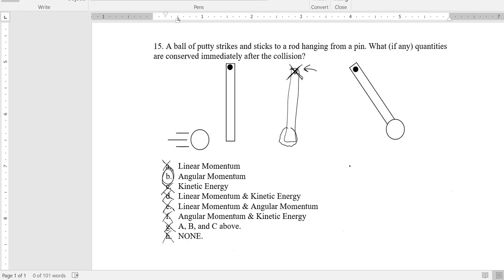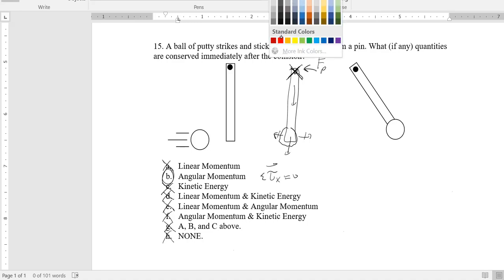Now, let me draw the FBD of this. This would be the force of the pin on the rod. At the same time, the putty hits the rod and the rod hits the putty. Those two forces are equal and opposite, Newton's third law. You'd also have the weight of the rod and the weight of the putty. In order for angular momentum to be conserved, the net torque about some axis has to be zero. Is there an axis about which the net torque is indeed zero?